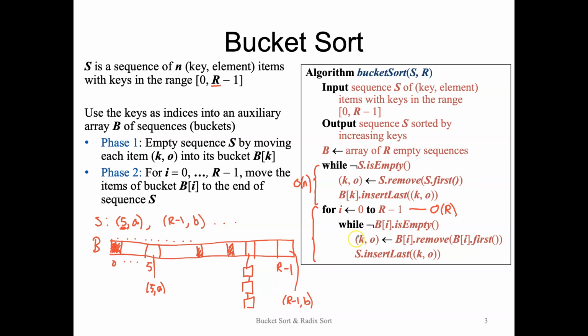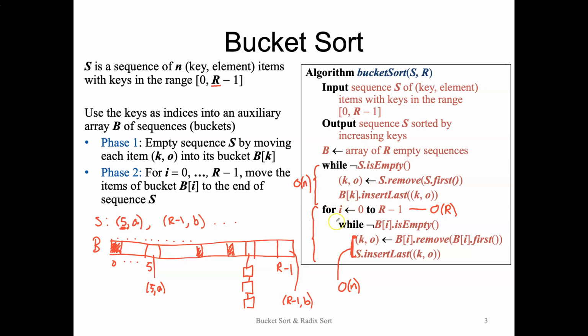So the total number of times that we're going to execute these 2 lines of code is based on however many items we had, because here we're removing an item from the array that we had inserted, and we had only inserted n items. So the total number of times that we're going to execute these 2 lines of code is big O of n. We're not going to do this r times, or r times n times, but the total number of times we'll call these 2 lines is big O of n.